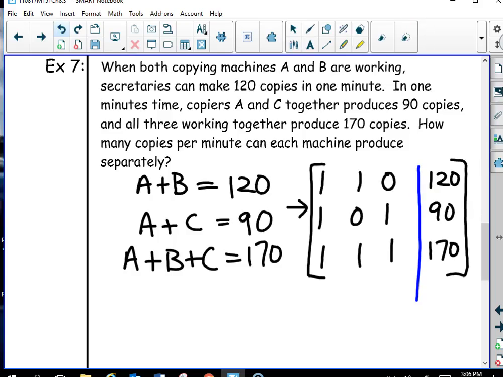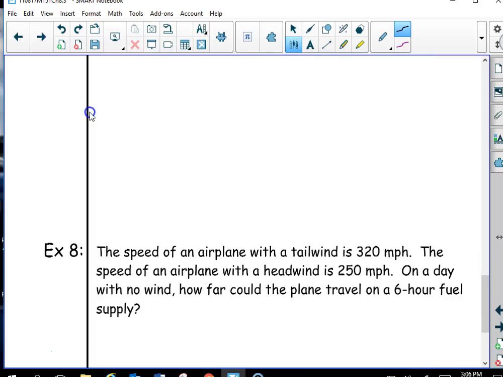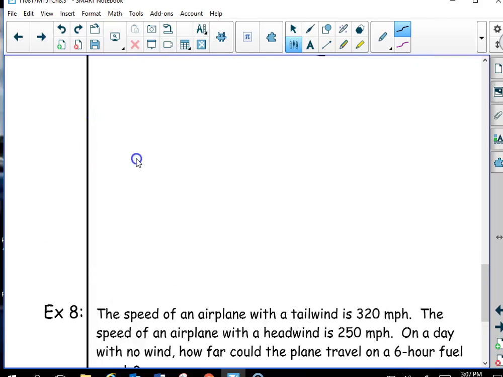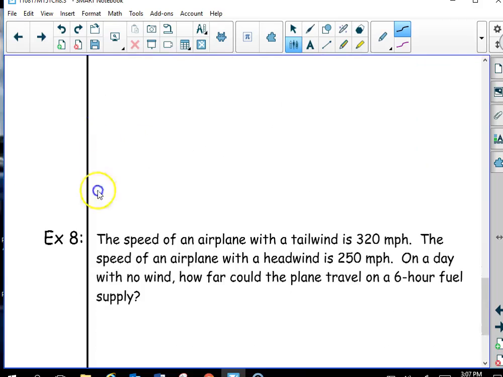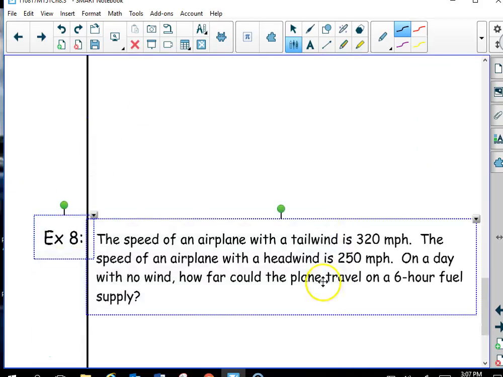So I'm just showing you how to set this up. When you solve it, as on the quiz, you'll get really nice even numbers. So do your Gaussian elimination on that and solve the system. Okay, I didn't need all that room because I decided not to do that problem. I'm trying to save time here.